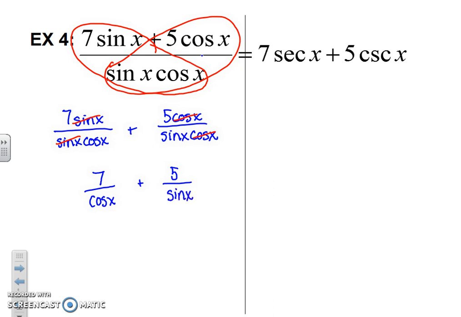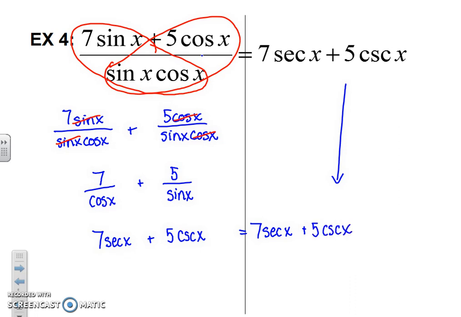Well, 7 over cosine x, since cosine x is in the denominator, this is the same as 7 secant x. And 5 over sine x is the same as 5 cosecant x, which of course is what we wanted from the other side. So that gives us the correct answer on that one.